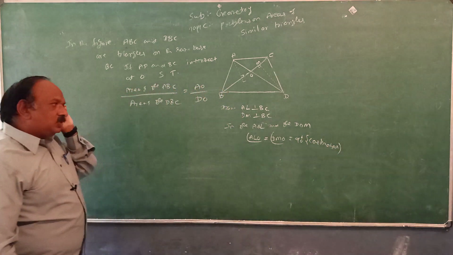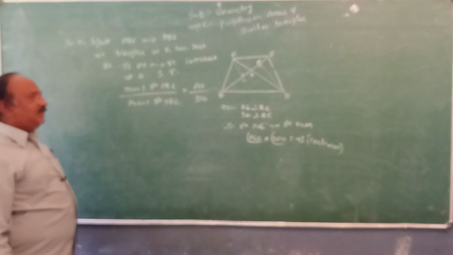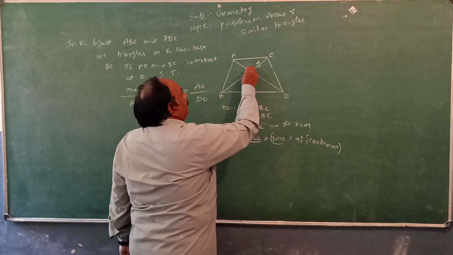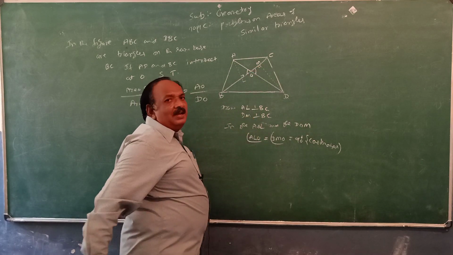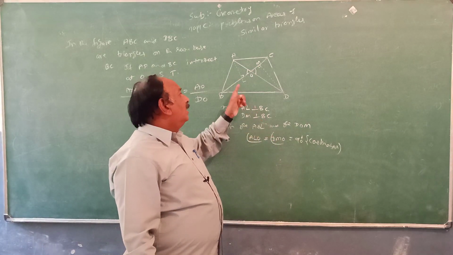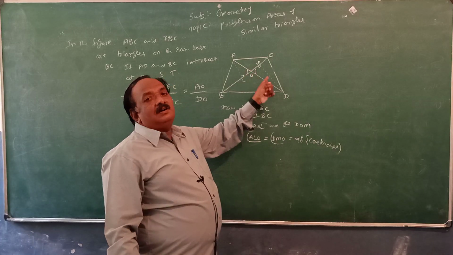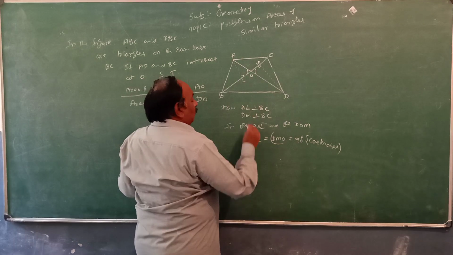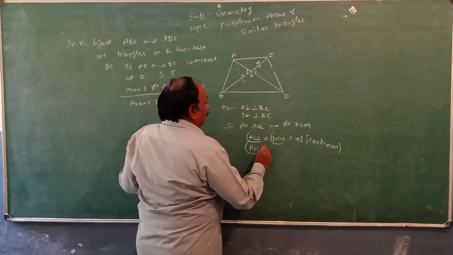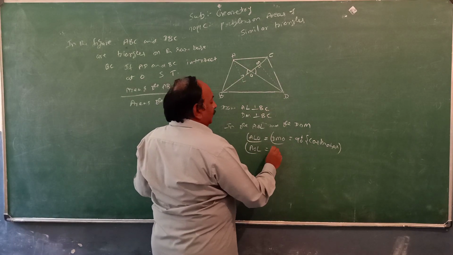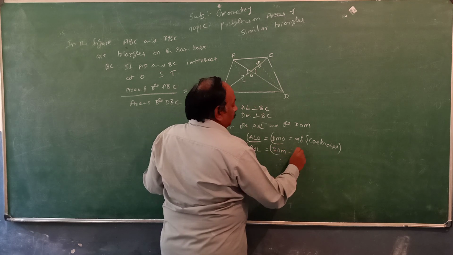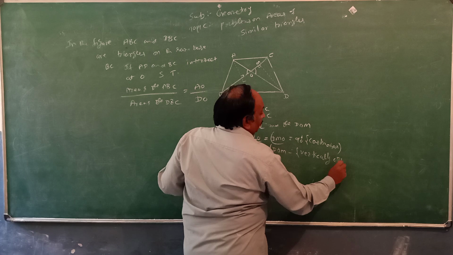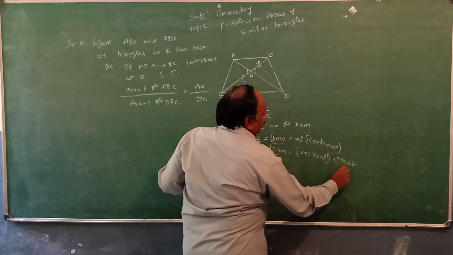Angle AOL and angle DOM are called vertically opposite angles, as we learned in the bridge course. Angle AOL is equal to angle DOM, vertically opposite angles.